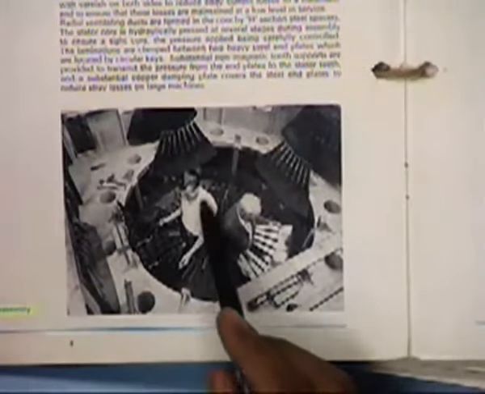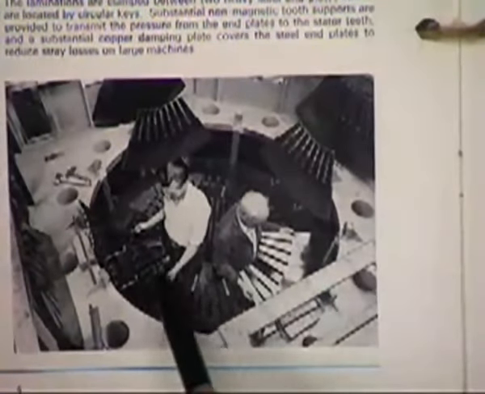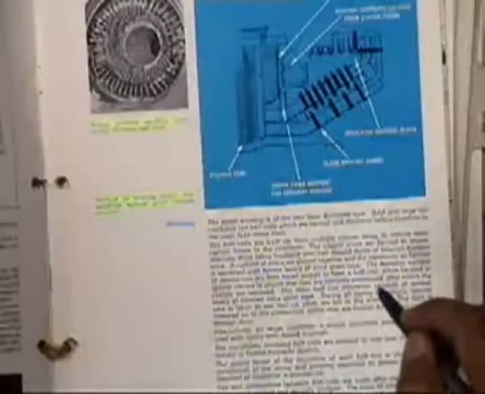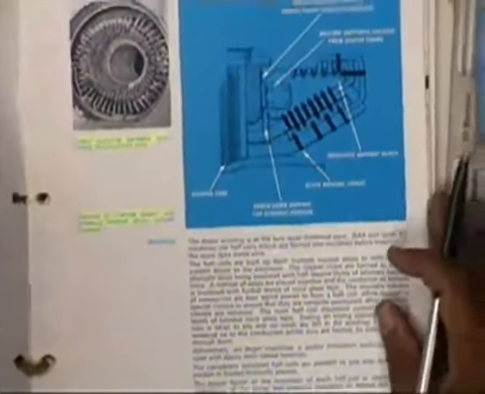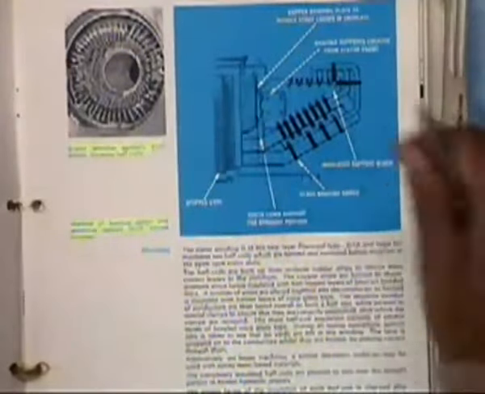You will see that they are assembling, even the stampings are being placed one after the other in the process of stator core assembly. So after stator core assembly is made, we see here the windings, and here is a method, here is the winding, and here is the method of connecting the end windings.